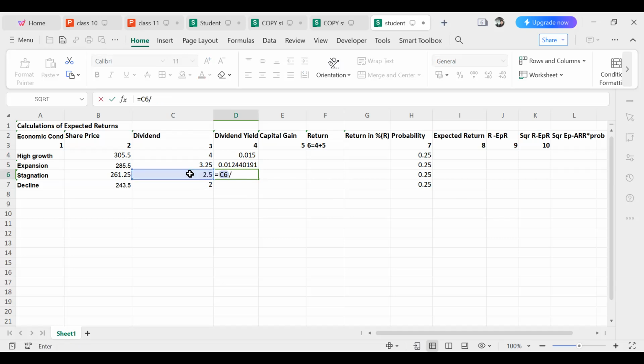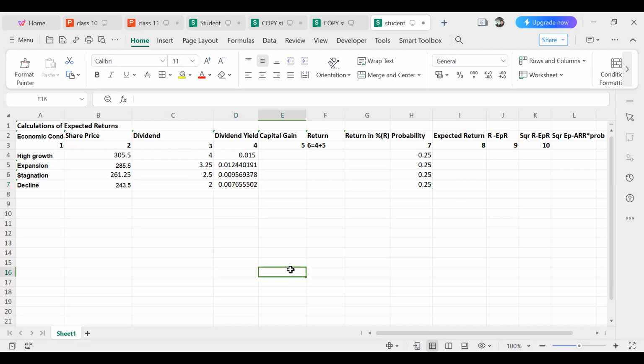So your dividend yield formula is dividend per share divided by the share price. Small calculations like this you can do in calculators or Excel, whatever you have, so that you know how to do them. In a short time you have to do so many calculations, so once you are handy, these are very easy.